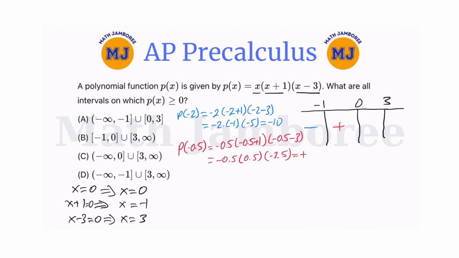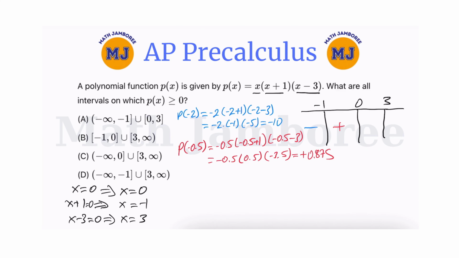But if you really need to calculate the value, you can just multiply 0.5 by 0.5 times 3.5. That's going to give you 0.875.